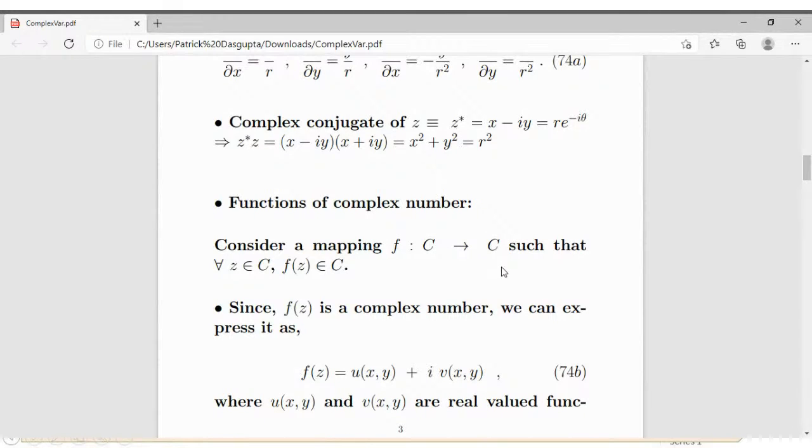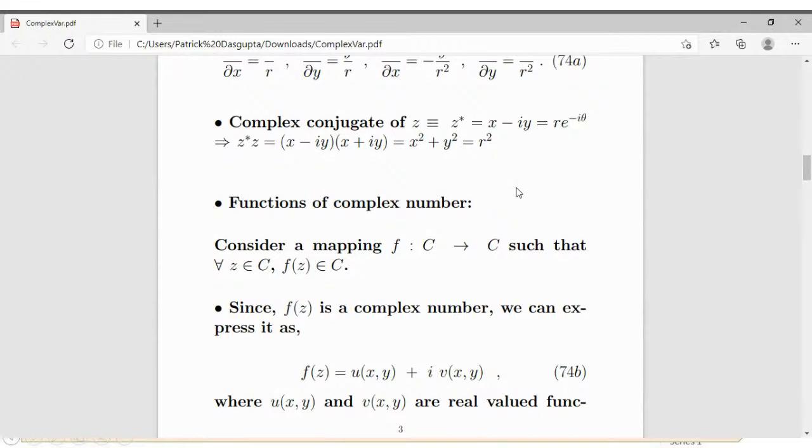Sometimes the complex set is called complex plane because just like your Euclidean plane is characterized by R cross R, that means any point on a Euclidean plane has Cartesian coordinates x comma y.